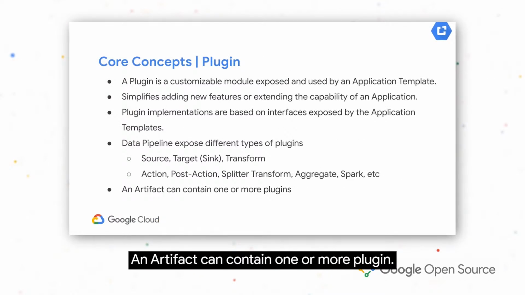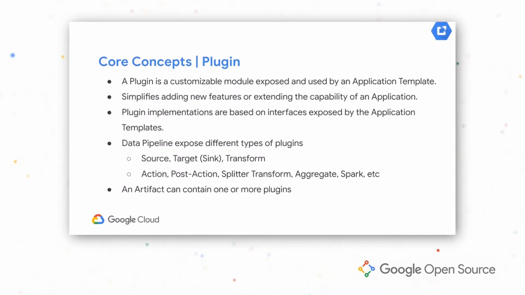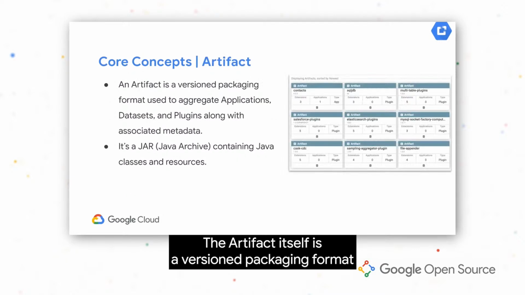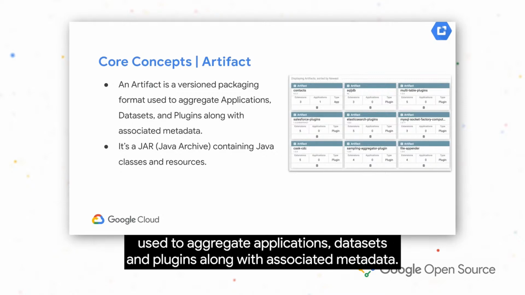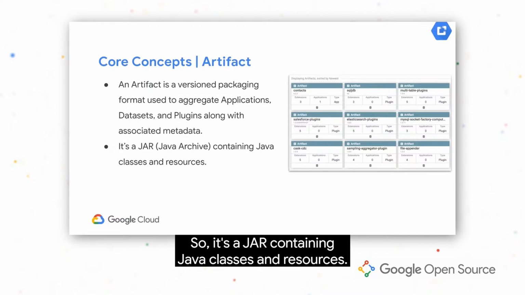An artifact can contain one or more plugins. The artifact itself is a versioned packaging format used to aggregate applications, data sets, and plugins along with associated metadata. So it's a jar containing Java classes and resources.